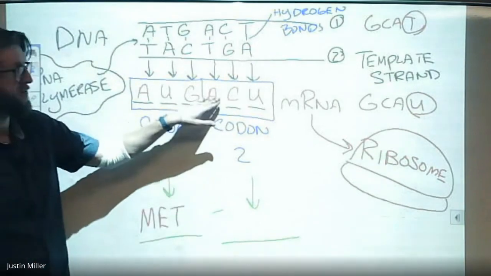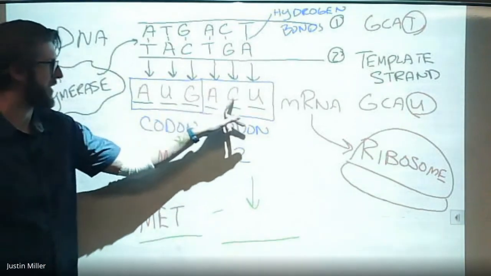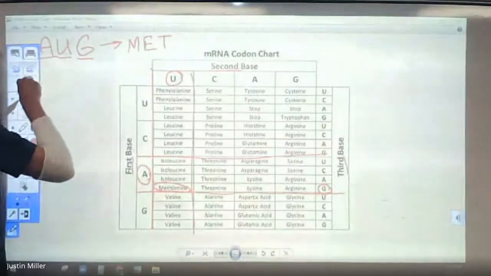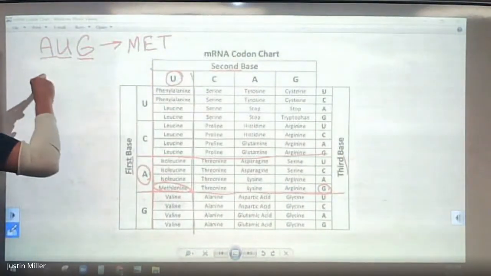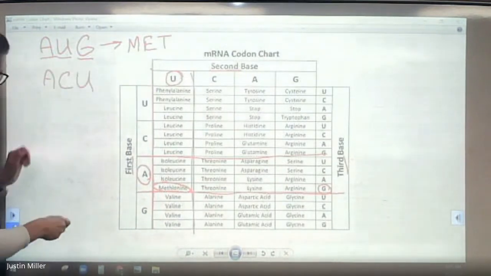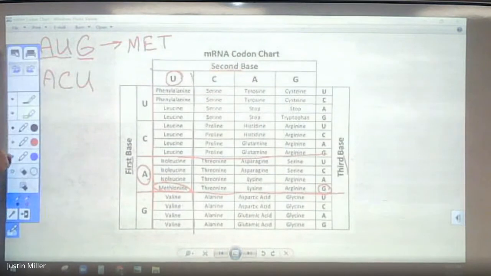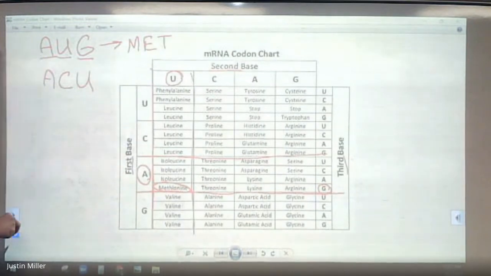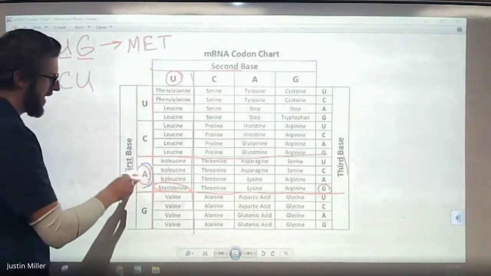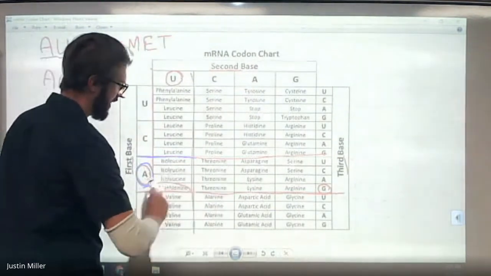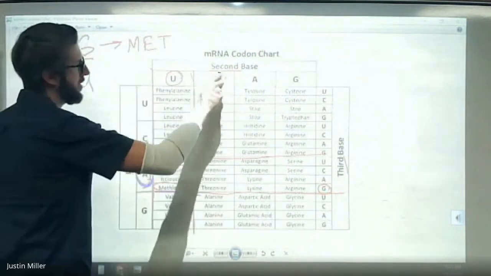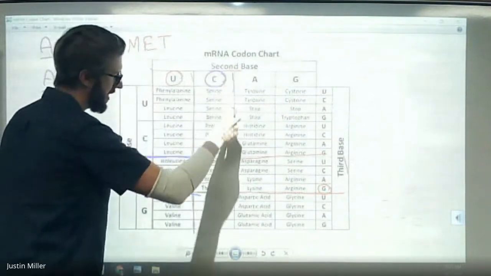And now we have to do the same thing with the second one. So we've got ACU. So let's hop back over. Let's find out what ACU makes. Let's start with A. Let me do this in blue just because that way it's easier to tell the difference. So A, so we know it's going to be in that row, right? C, we know it's going to be in this column here.